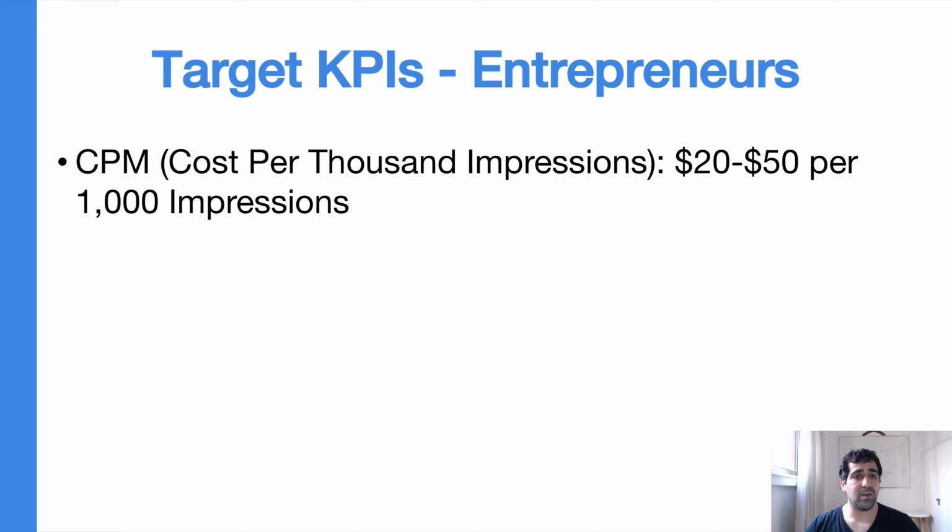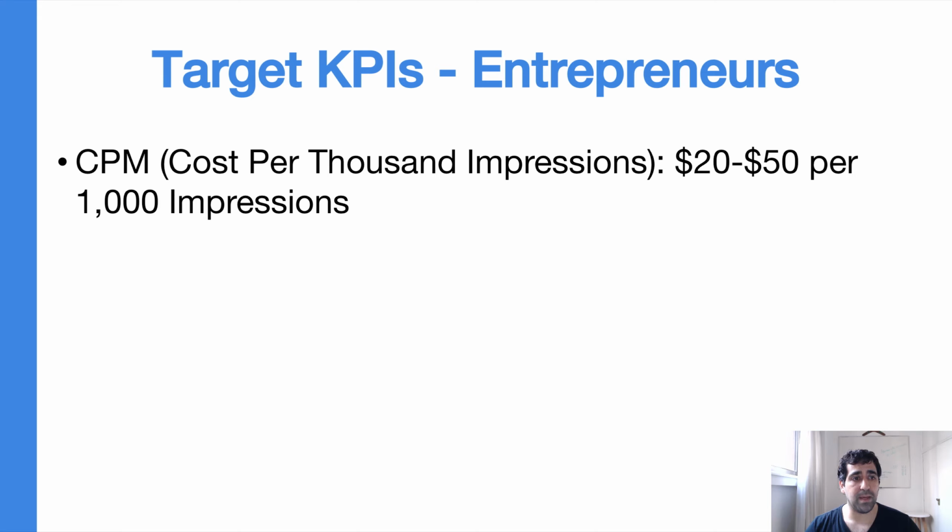I'm gonna be giving you my target KPIs. That doesn't mean that they need to be yours, right? You define your own ones, but I wanna share mine because they might allow you to start understanding how much you're gonna be paying in each of those metrics, and then you can define yours for your own business.